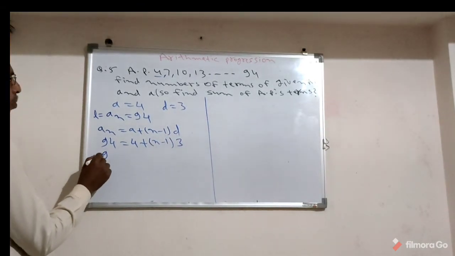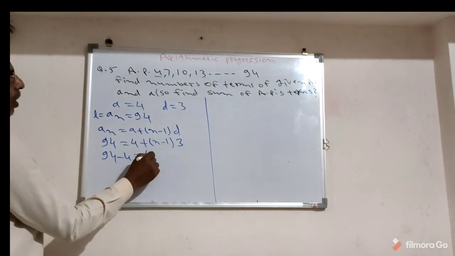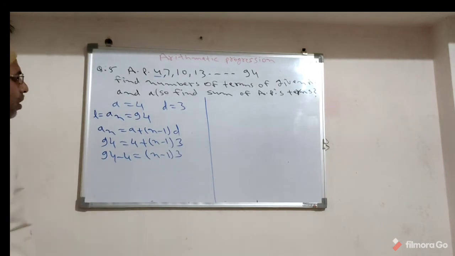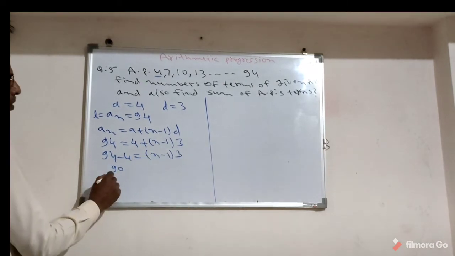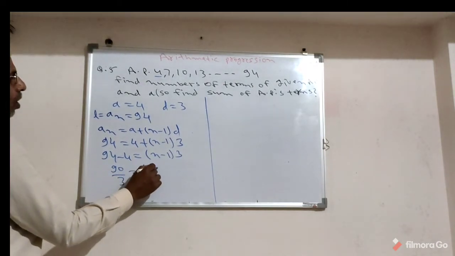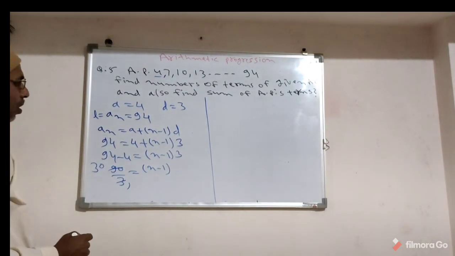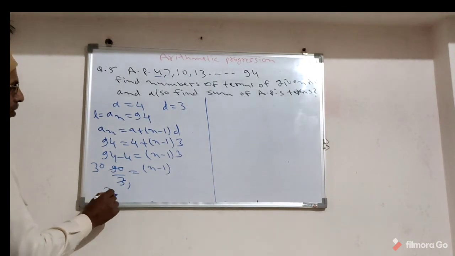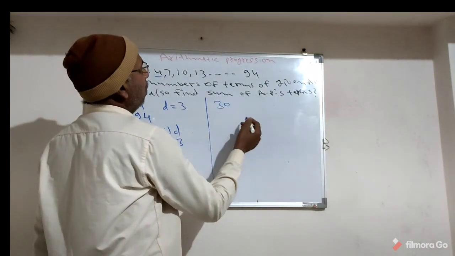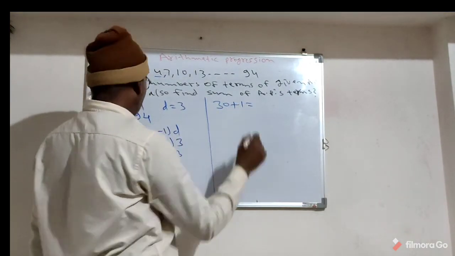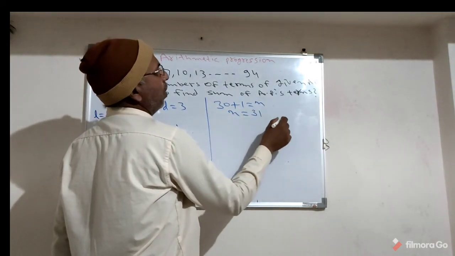Then 94 minus 4 equals n minus 1 into 3. Subtracting 4 from 94 we get 90 upon 3 equals the remaining n minus 1. 3 1s are 3, 3 3s are 9, 3 0 0. Then 30 equals n minus 1. And 30 plus 1 equals n. The value of n is 31.